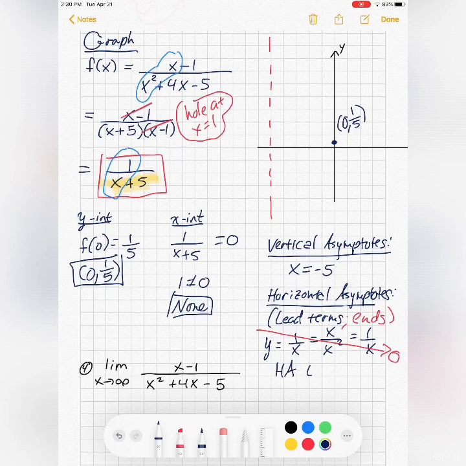So I know my horizontal asymptote is y equals 0. In fact, we said anytime the denominator has a higher power than the numerator, the horizontal asymptote is just going to be y equals 0. So that was kind of the simplest case as far as finding horizontal asymptotes goes.